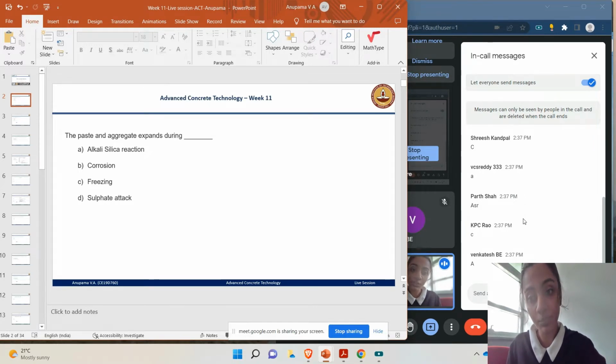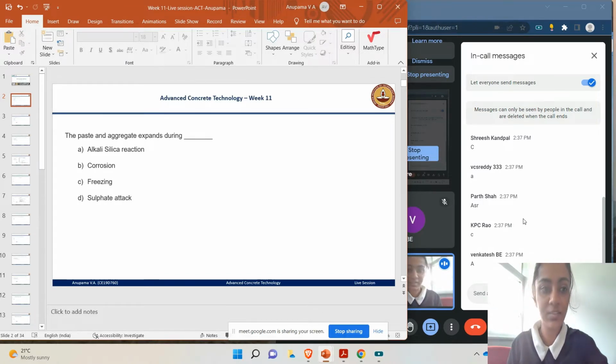The corrosion product has six times the volume of the original product. So that is an expansion, but that happens only in the steel phase, not on the concrete. Here the question is about paste and aggregate, so clearly B is not an answer. So is it A, C, or D, or both A and C, or C and D? That is the question.